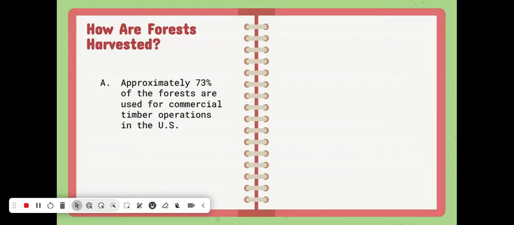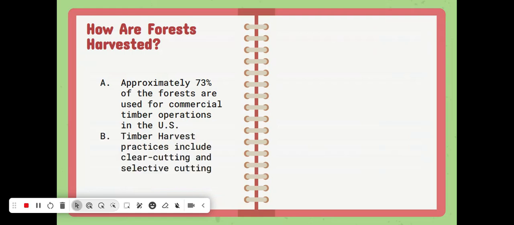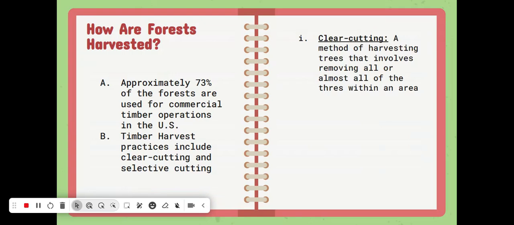So looking at how forests are harvested, approximately 73% of forests are used for commercial timber operations. There are two very traditional practices that those types of companies can partake in, and that is clear cutting versus selective cutting. Clear cutting is pretty much as it sounds.